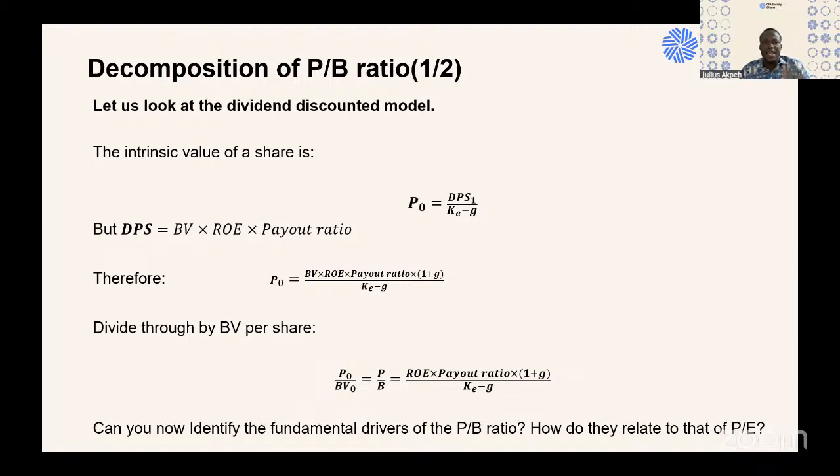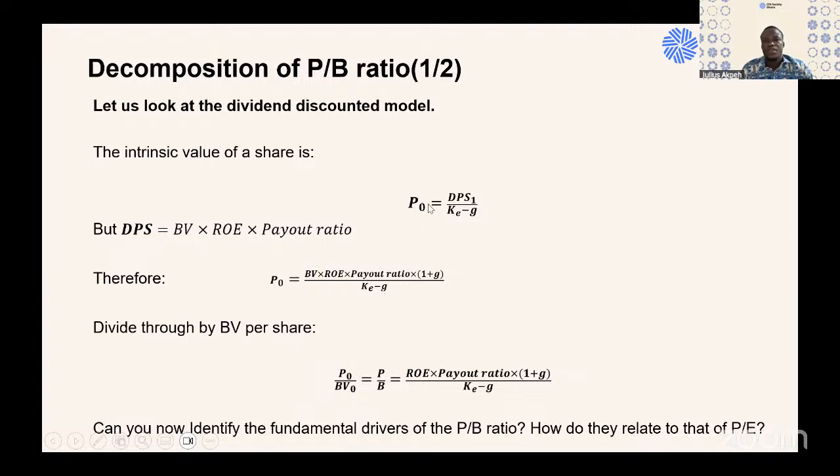So when we check the formula for the dividend discounted model, this is the formula. The price of the share is equal to the dividend per share, and this is dividend per share 1, which is the next year dividend per share, divided by cost of equity minus the growth rate. So this is the formula for the dividend discounted model to calculate the share price.